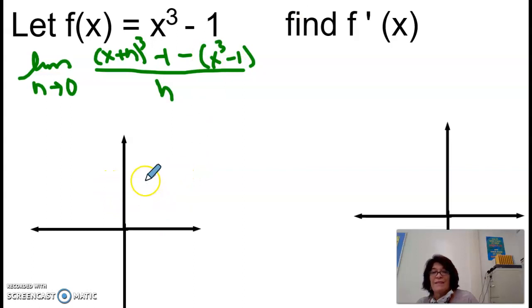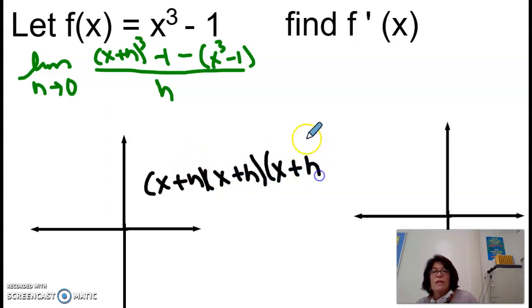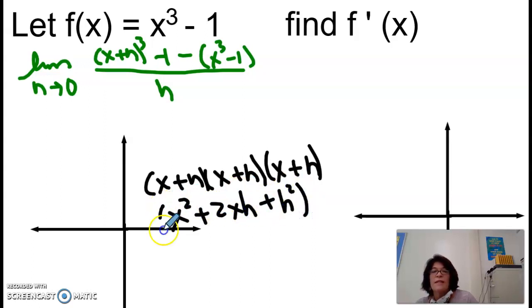Not gonna lie. I have to take x plus h times x plus h times x plus h. I know how to take the first two. I've done that on the previous page. x squared plus 2xh, we just FOIL, plus h squared.